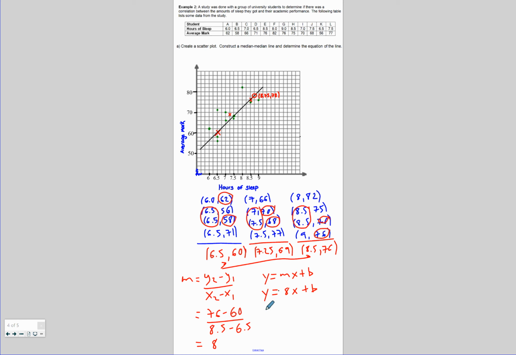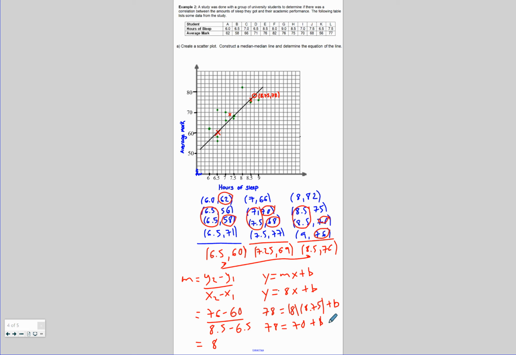So we're using y is 78 and x is 8.75 in this case. So we have 70.